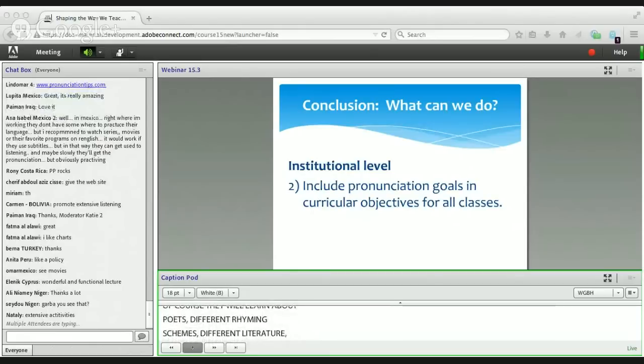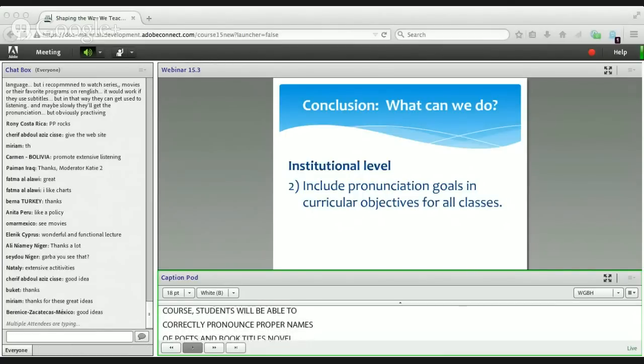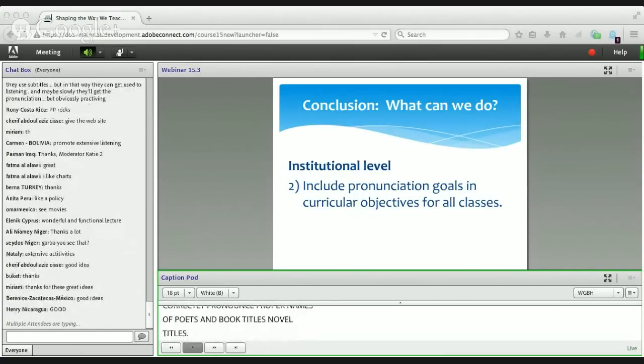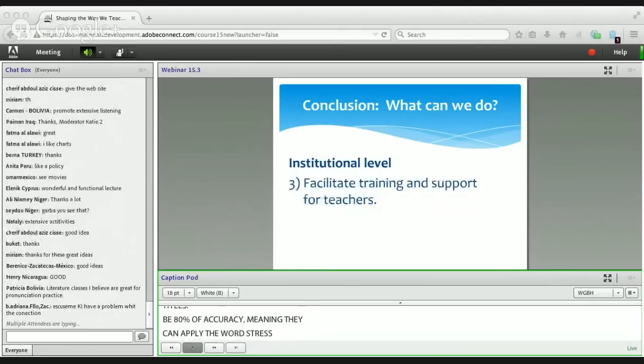But you could include pronunciation goals. For example, by the end of this course, students will be able to correctly pronounce proper names of poets and book titles, novel titles, with 80% accuracy, meaning they can apply the word stress pattern for proper names, right? So you could have curricular objectives for all your classes.